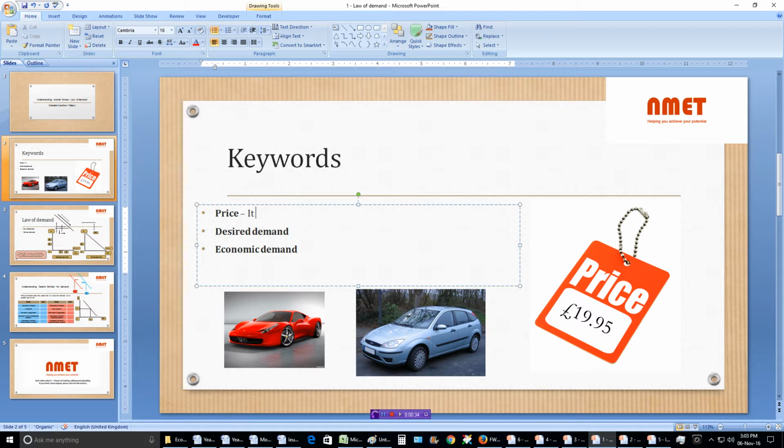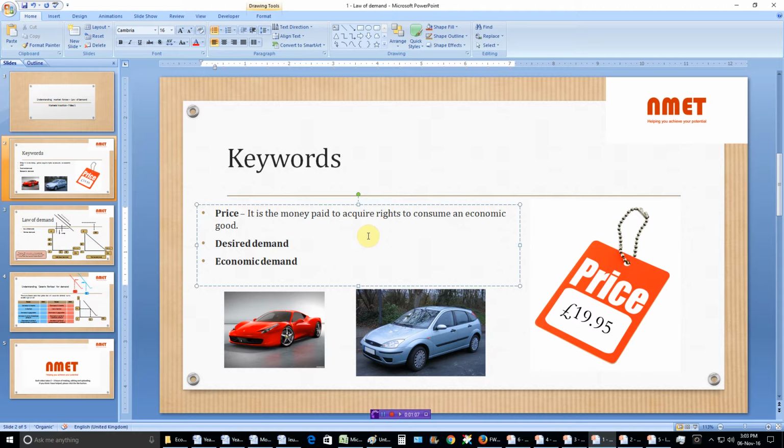It is the money paid to acquire rights to consume an economic good, or to possess it. I've given you an example of a price, £19.95. If you pay that to the shopkeeper, you get to keep it. Let's say it's a t-shirt.